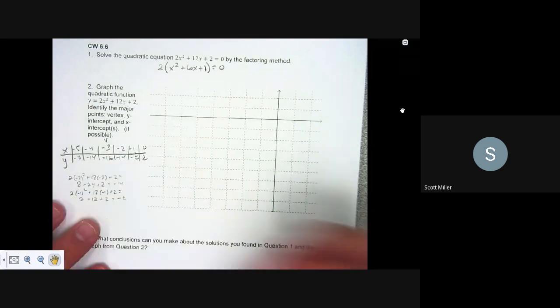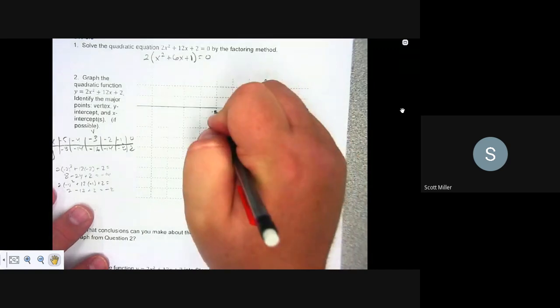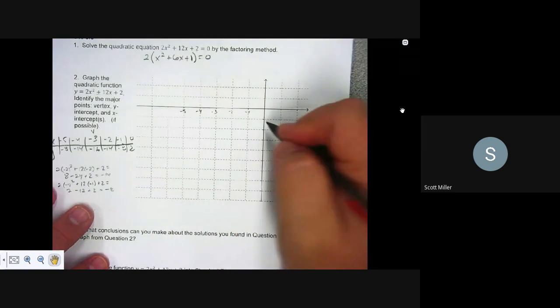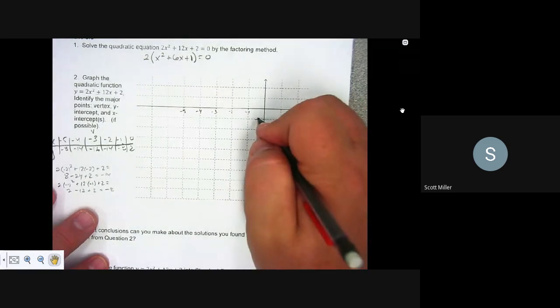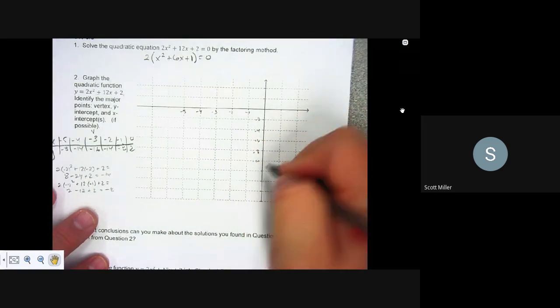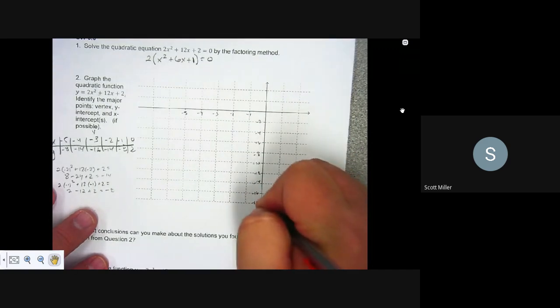Okay, so we can take this now, we can kind of graph this out. So here's -1, -2, -3, -4, -5. And we got to go down to -16, so let's divide by 2's: 2, 4, 6, 8, 10, 12, 14, 16, 18.